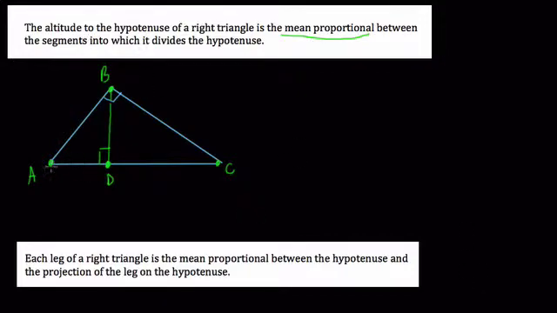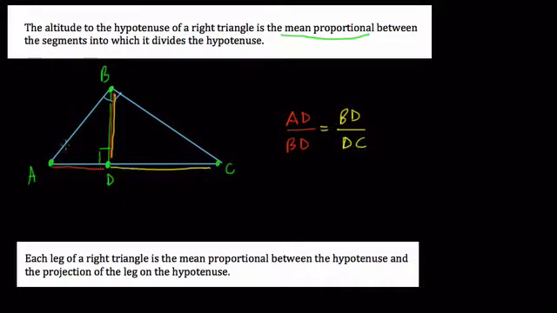All that means is that the ratio of AD to BD, so leg to leg, equals the ratio of BD to DC.